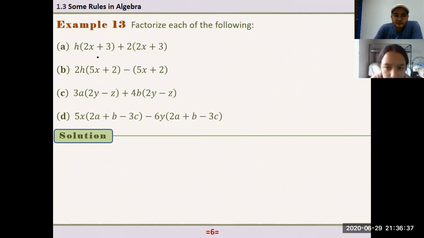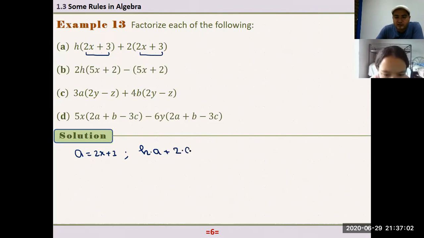How do you factorize these things? As you see here now, instead of one letter, we have an expression here. 2x plus 3 and the 2x plus 3, right? Let's say this a is equal to 2x plus 3. Then here we have h times a plus 2 times a, right?